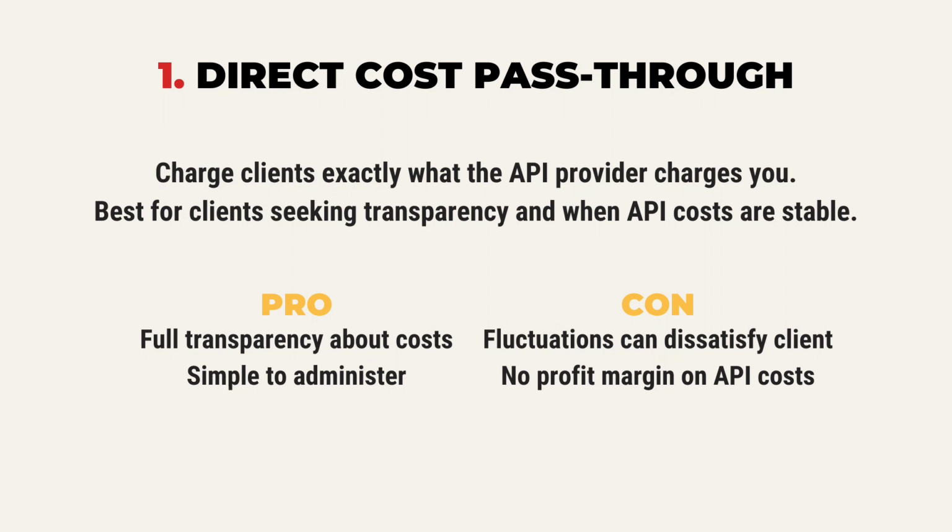The pro of that would be full transparency about the costs, and it's simple to administer. But the cons are that fluctuations can lead to client dissatisfaction, and also that you are not able to make a profit margin off of those API costs. So that's something to think about.